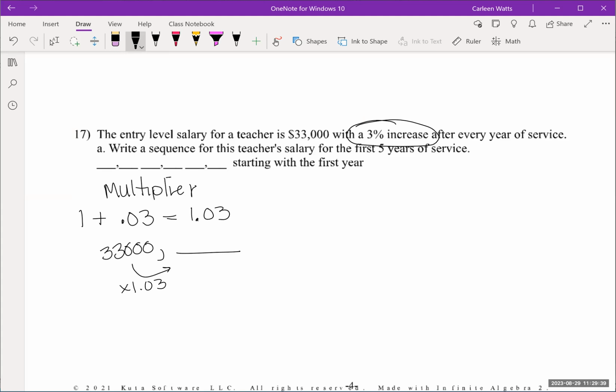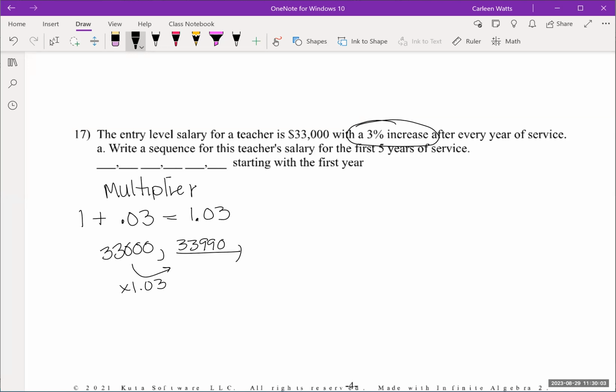Okay, calculator: 33000 times 1.03. Thank you. 33,990. Correct. Times again, times 1.03.